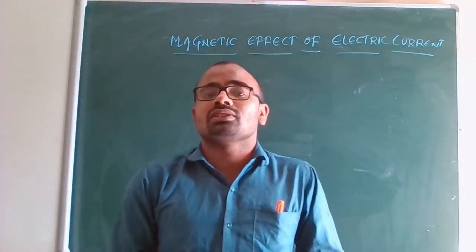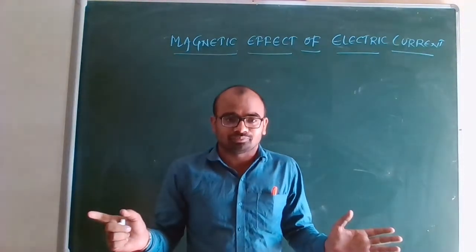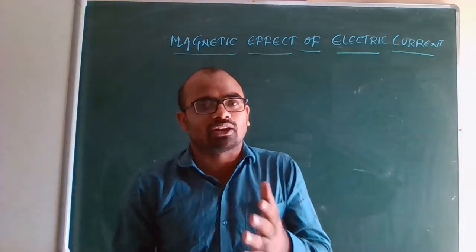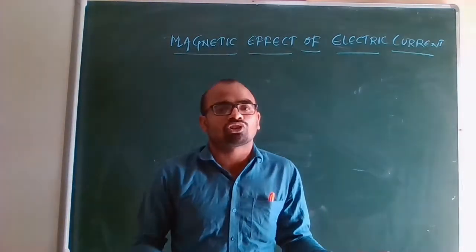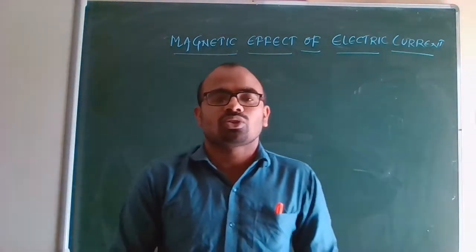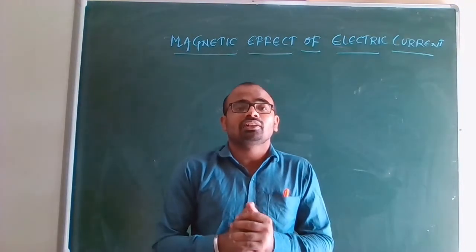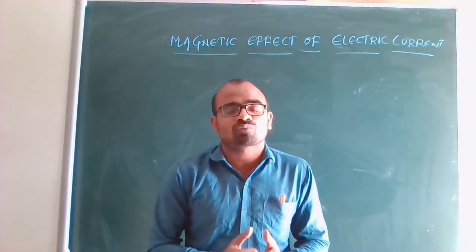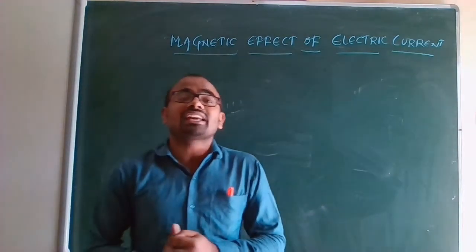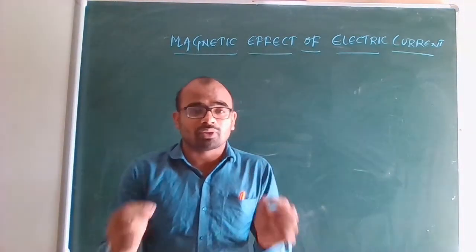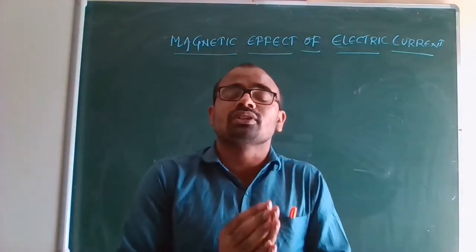The main important thing in this is the properties of the magnetic field lines. I had told the first property: magnetic field lines emerge from the north pole and merge at the south pole. The second property: magnetic field lines are closed curves.